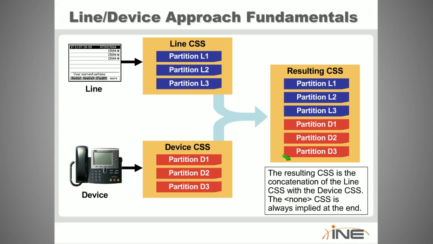And again, the none or null CSS, the default, is still always at the end. So there's actually 7 partitions here: 3 for L, 3 for device, and then the null partition.